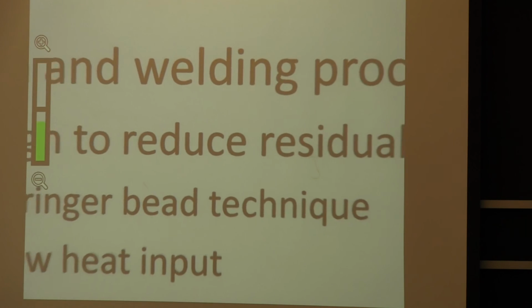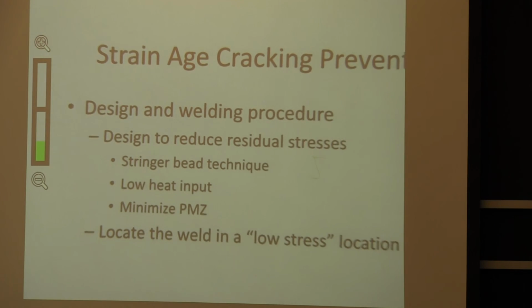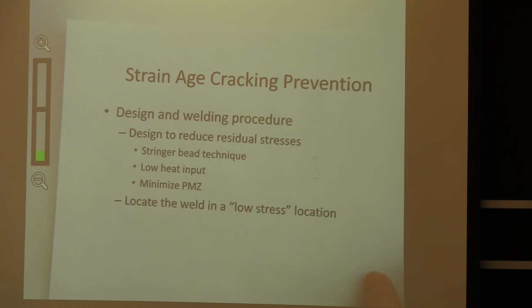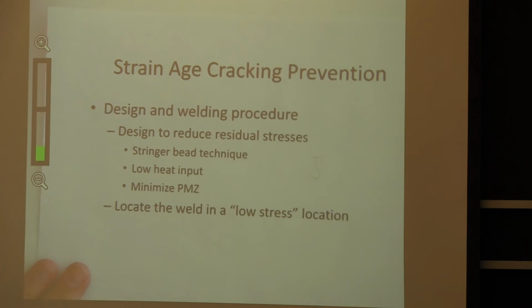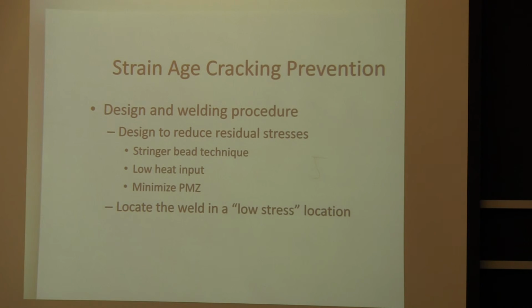So one last slide. Much the same as with the other things that we've talked about. You can always reduce susceptibility to these various weldability issues with your design and your welding procedures. You can design to reduce residual stresses.